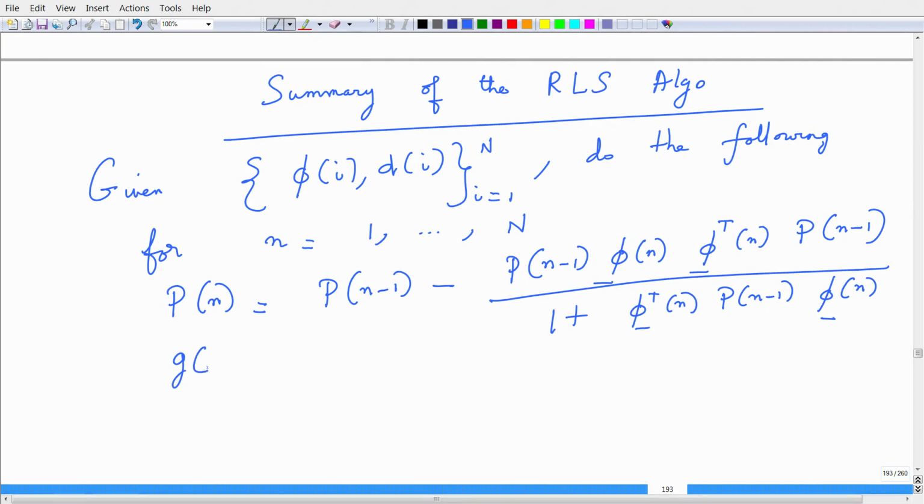Compute the gain vector g of n to be P of n times phi of n, which is this vector.